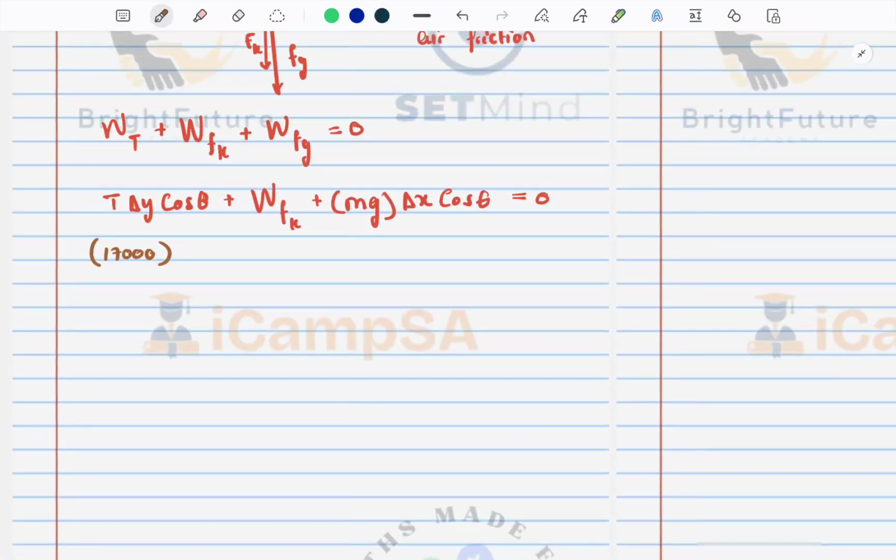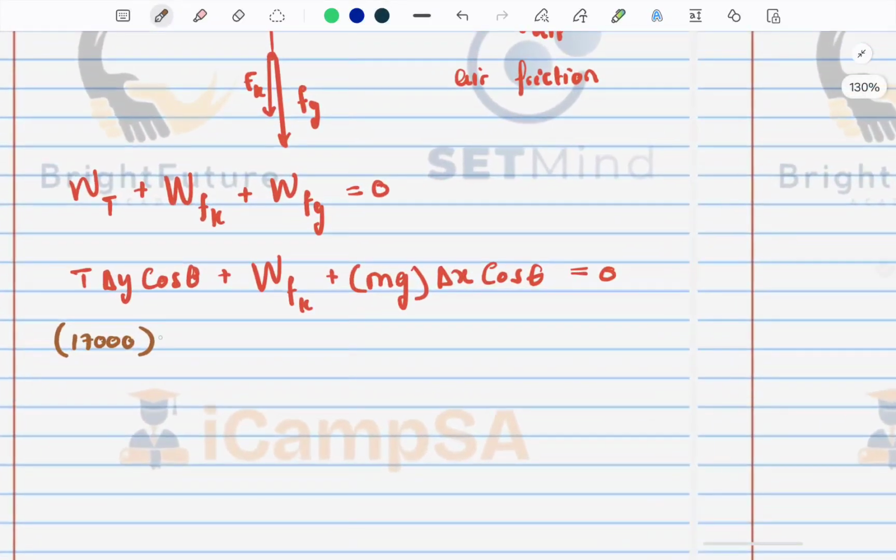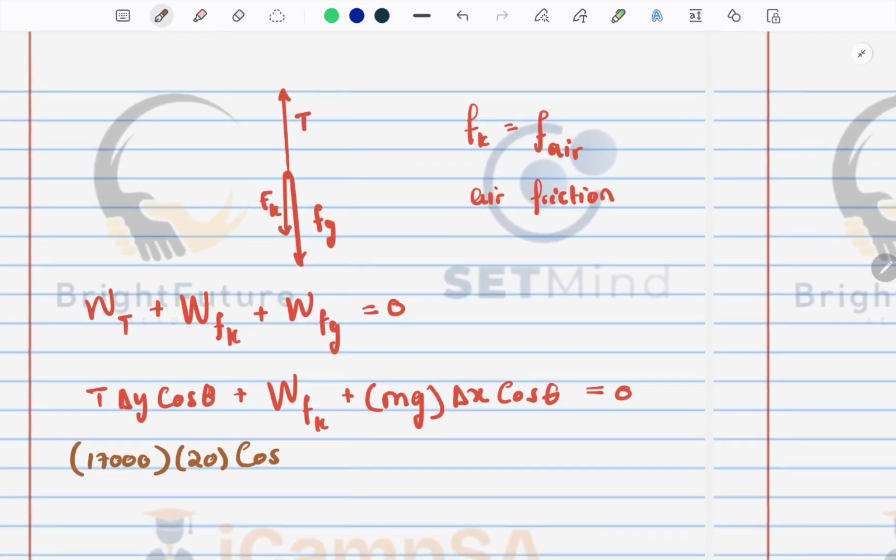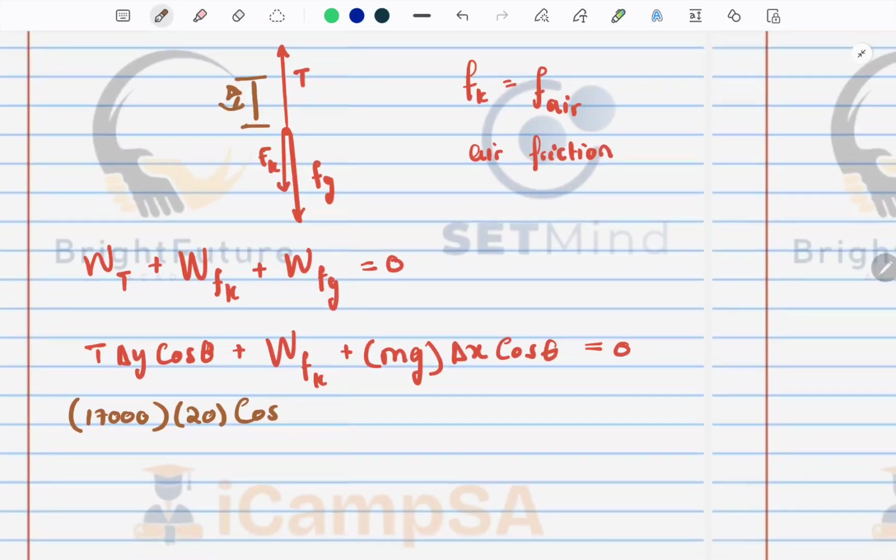So we're just going to come here and say this is 20, and then cos. You've got this free body diagram, you've got your displacement here, this is your change in y. So the angle between this T and the y is 0.